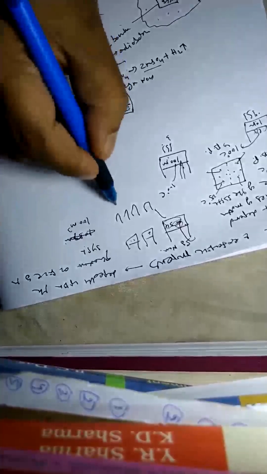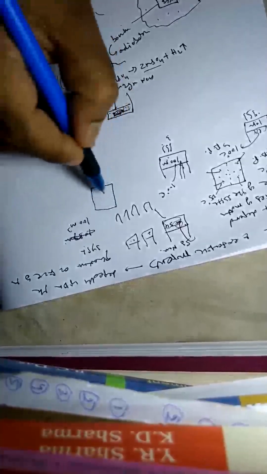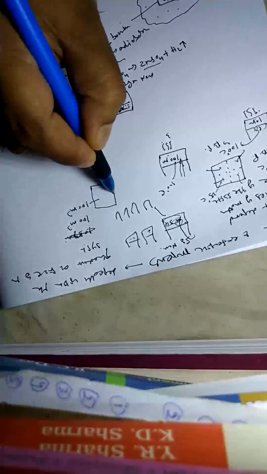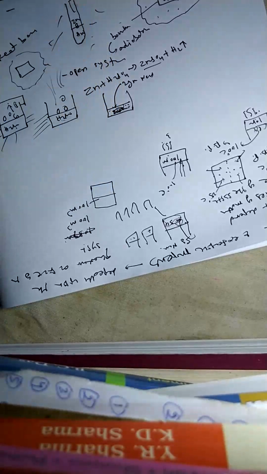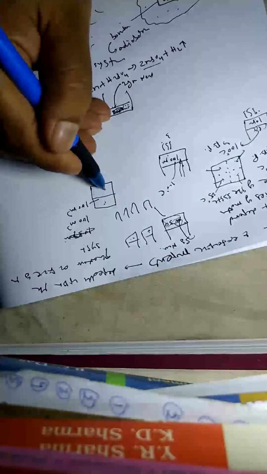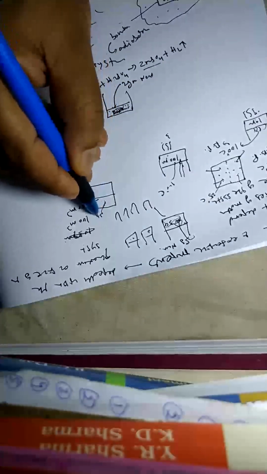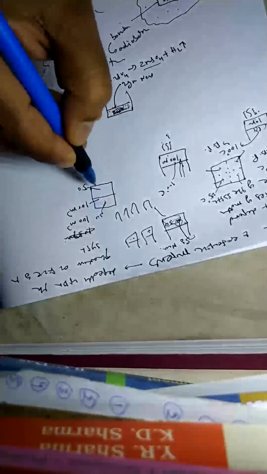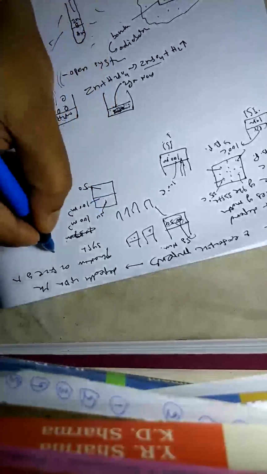Now this is my room where I live, and I divide this room with an imaginary boundary. Now this room is divided in two parts and its volume is 50. So volume is an extensive property.